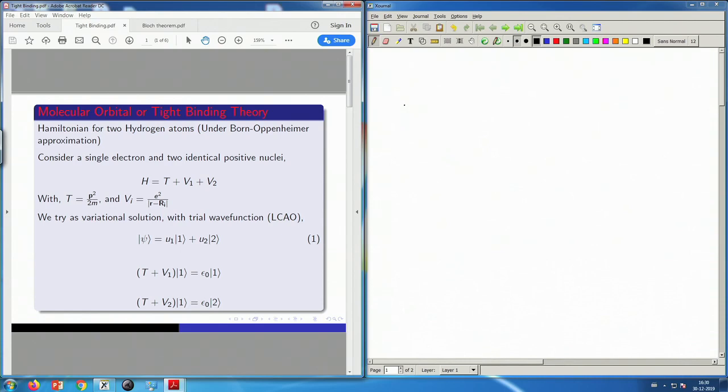If the atom has a Z number of protons and neutrons in the nucleus, then of course it is even better for us, because the mass of the nucleus is very large and the dynamics is very slow compared to the electronic dynamics.